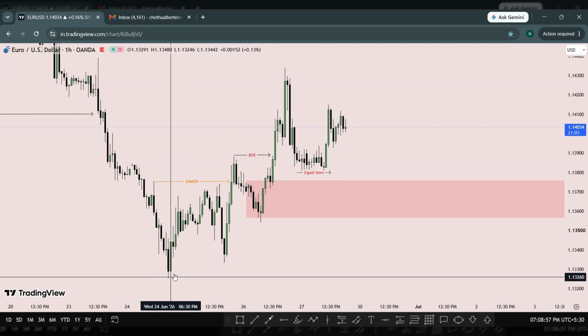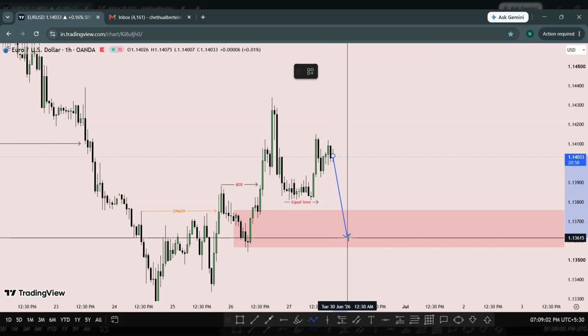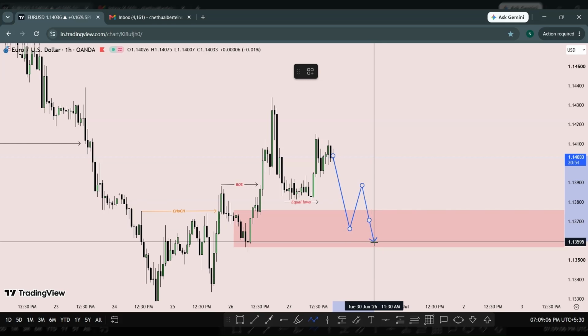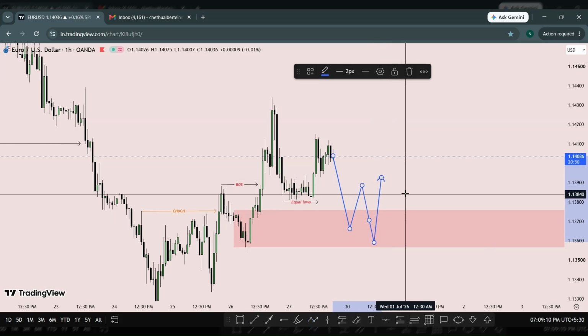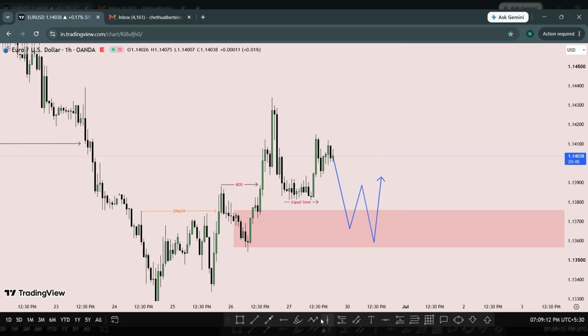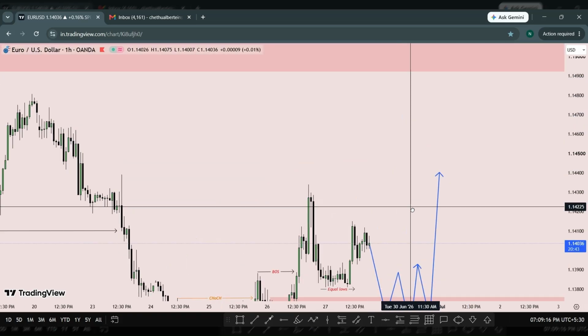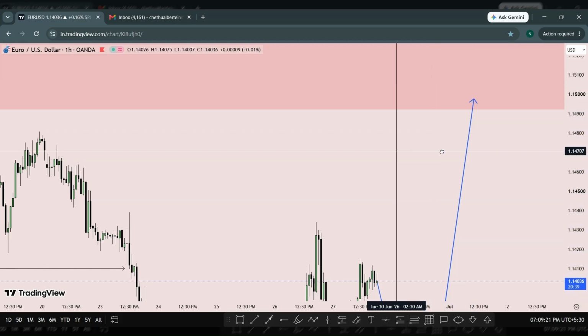If price gives any confirmation before moving, it will target the strong fair value gap above. This is the EUR/USD trade idea for this week.